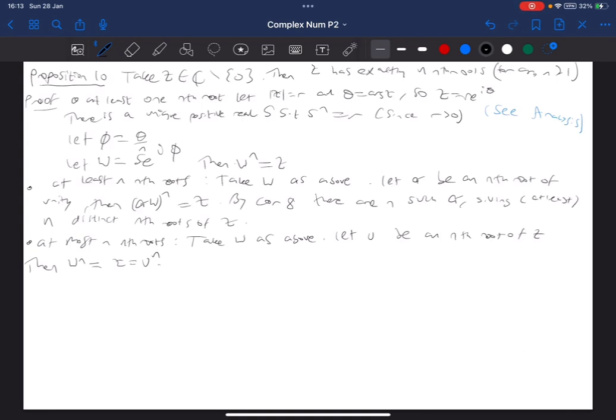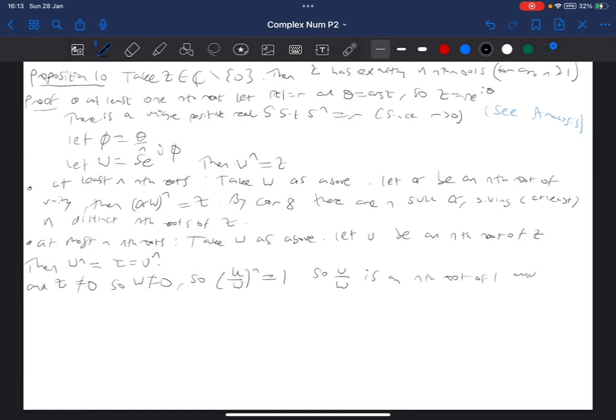And the fact that z is non-zero means w can't be 0. So, because I don't like dividing by 0, u divided by w to the power of n will be equal to 1. So u divided by w is an nth root of 1.